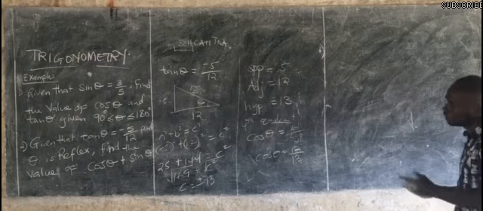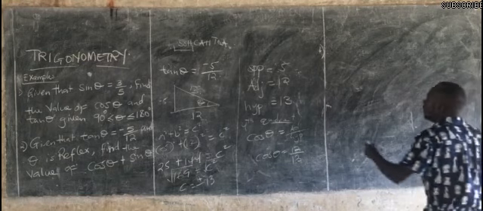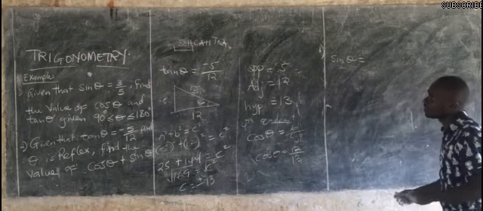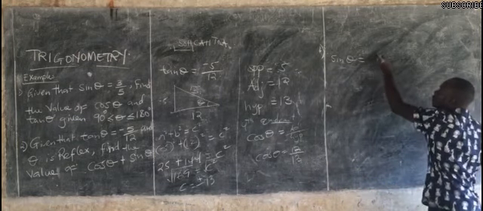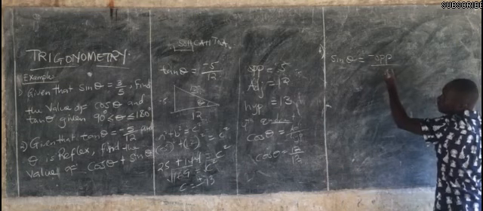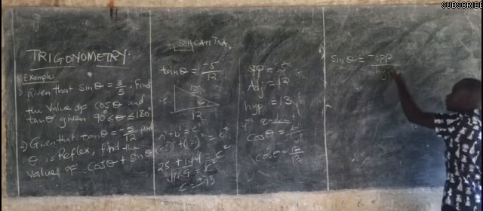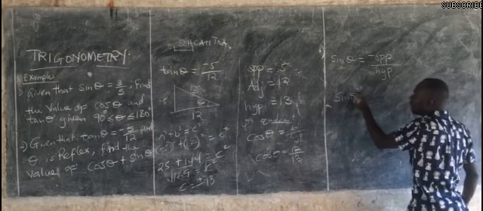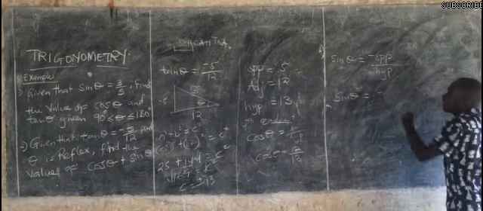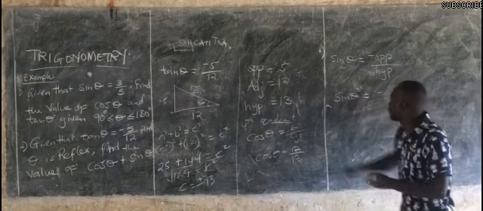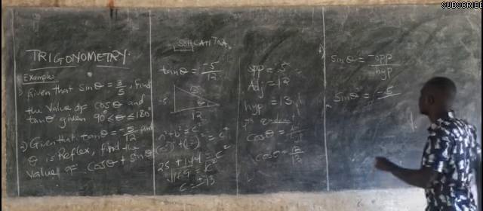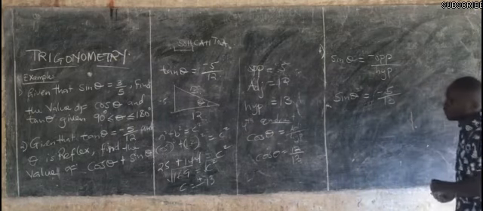Then we look for the value of sine, which is opposite over hypotenuse. But in the fourth quadrant, sine must be negative. So sine theta is negative 5 out of 13.